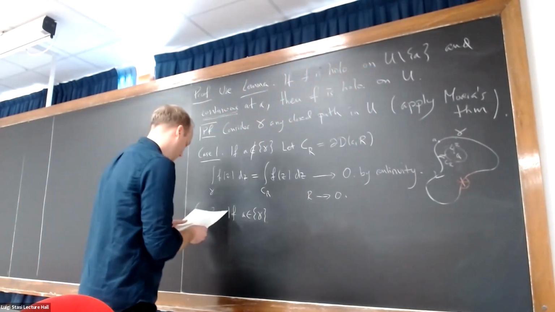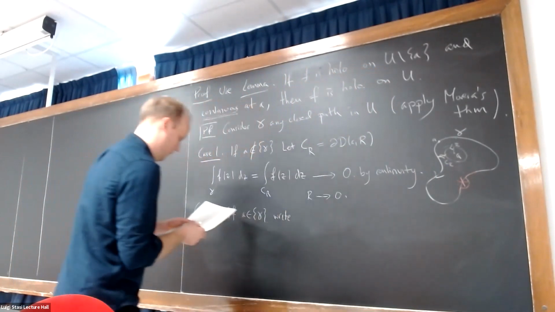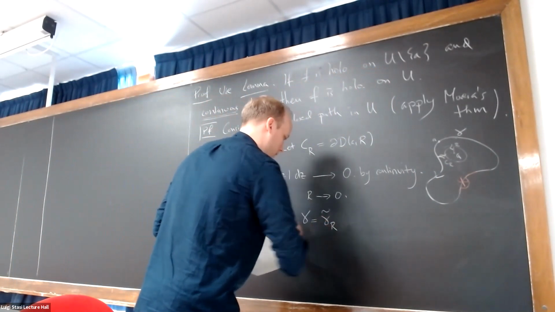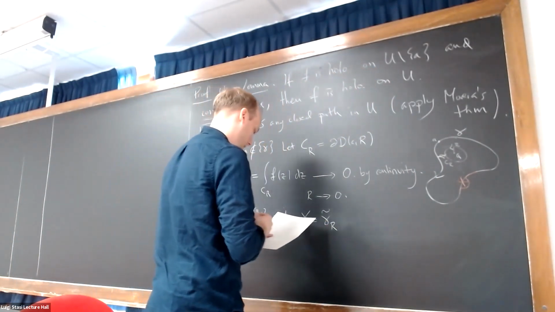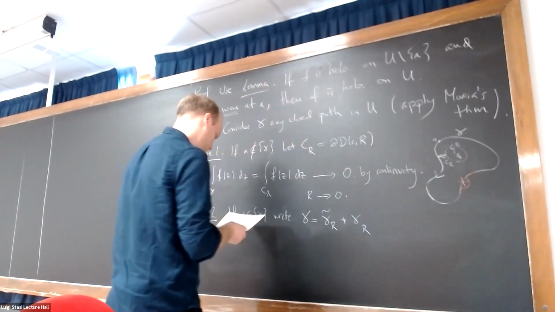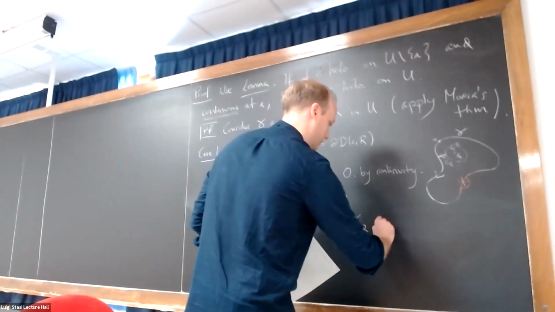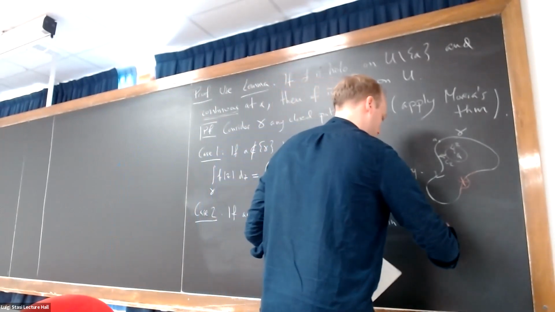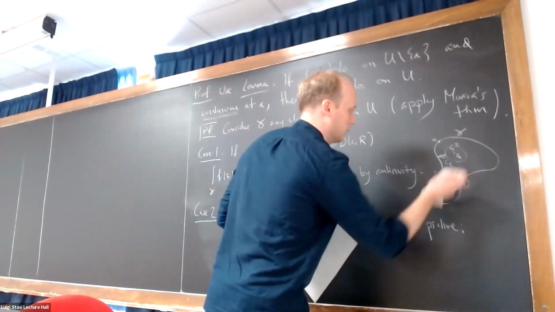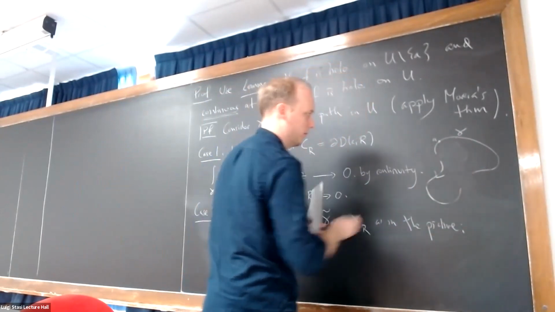So what I'm trying to say is the following. Let me write down now what I meant. We write gamma as the sum of gamma tilde r and gamma r. Let's just draw it in the picture. Let me make this drawing a bit more proper.